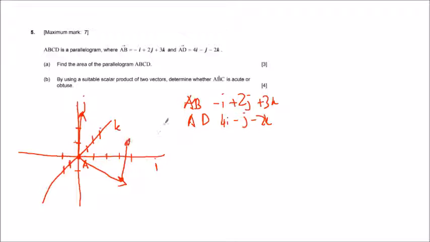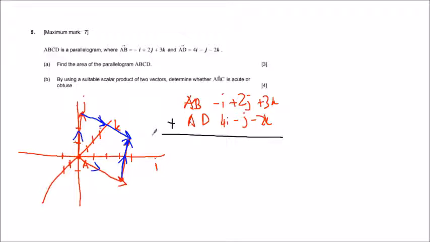If we add an extra copy of AB onto AD, or an extra copy of AD onto AB, we get a parallelogram right here. It's a little hard to visualize, but we can add those together.